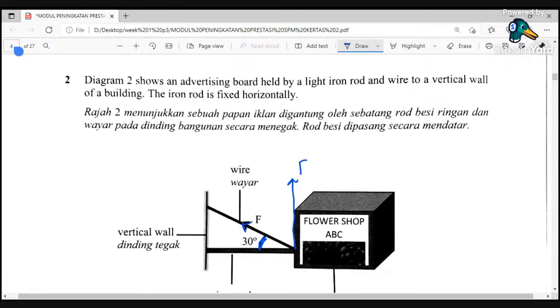So this one is the component Y for F. Using the angle 30, so direction must be correct. Okay, F is coming out from this point. This one is upwards. Okay, so Fy must be upwards, out from this point.